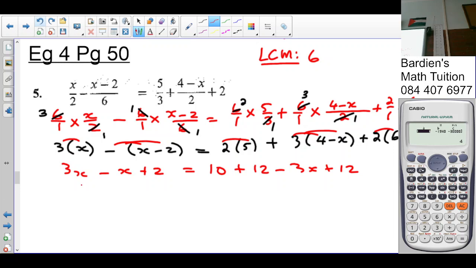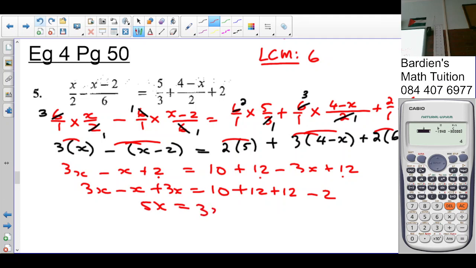Right, so it's going to give you 3x minus x plus 3x equals 10 plus 12 plus 12 minus 2. What's 3x minus x? 2x plus 3x is 5x. 10 plus 12 plus 12 is 20, 34, 32. Is that correct? Yes, sir. What do I do now? Divide by 5, both sides. So therefore x is equal to?